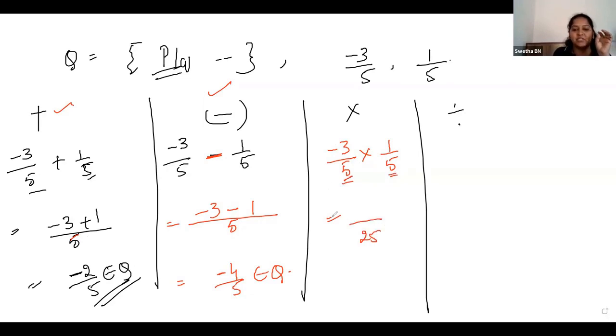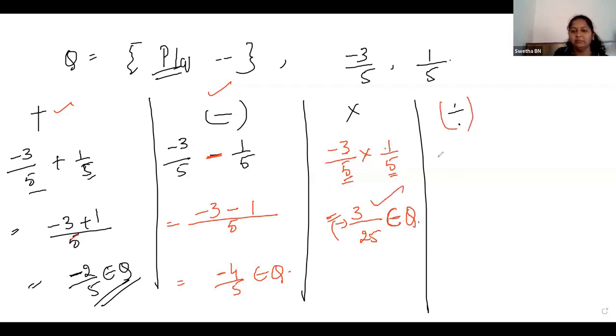First, multiply the signs, children. Minus into plus is minus. 3 into 1 is 3. So we got -3/25. Does it belong to the set? Yes. Is it related to the set? Yes. So it belongs to the set Q, that is, it is a rational number.